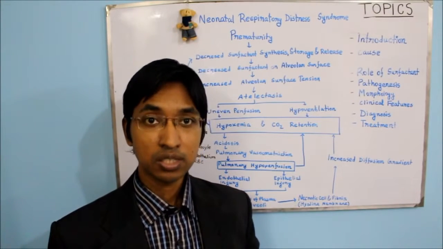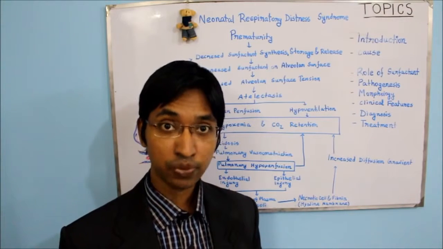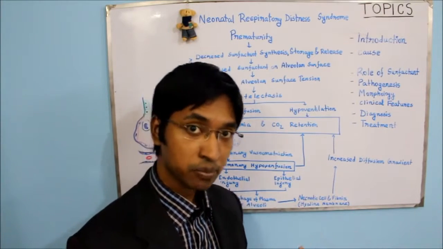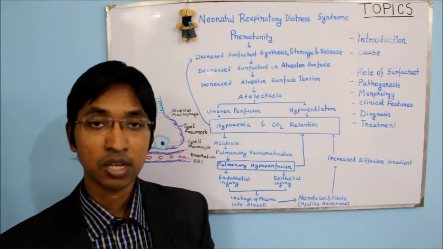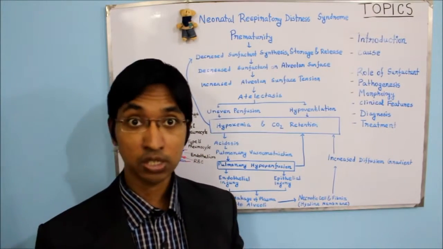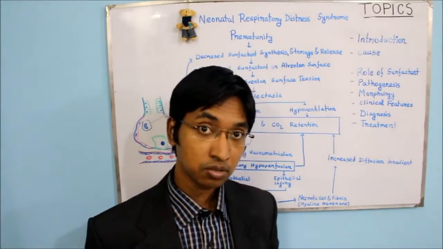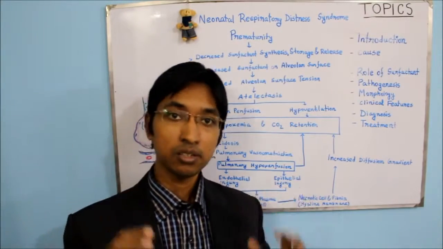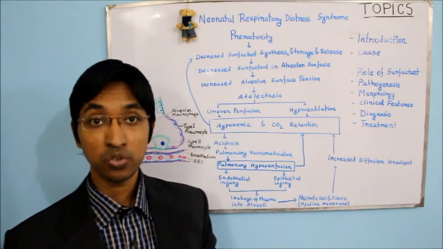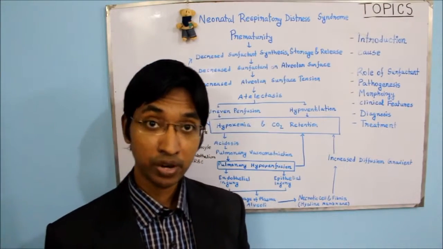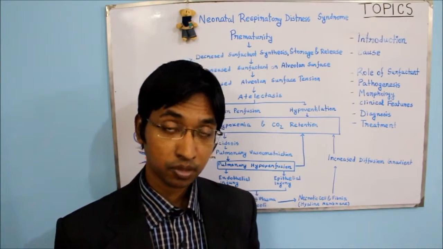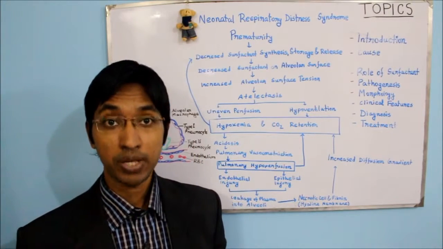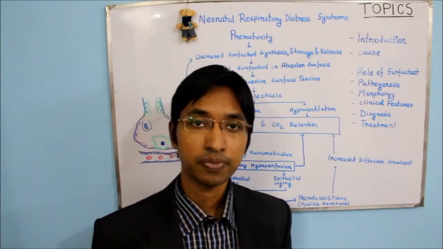Subsequently, during the next hypoxic phase, when the therapy is stopped and the baby is now in a relatively hypoxic condition, the vascular endothelial growth factor will again rebound, and that will result in rapid proliferation of the vasculature, and that will result in retinopathy of prematurity.